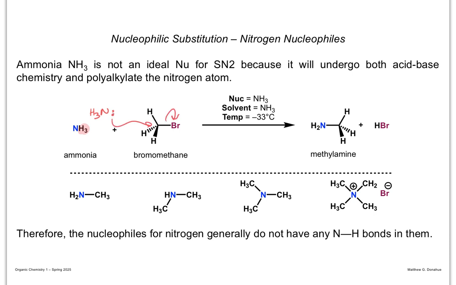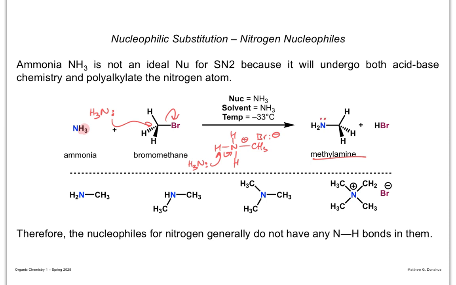There's the backside displacement. Those hydrogens can be deprotonated because you're in the presence of a base, ammonia, so it can do a proton transfer. And that would lead you to methylamine.